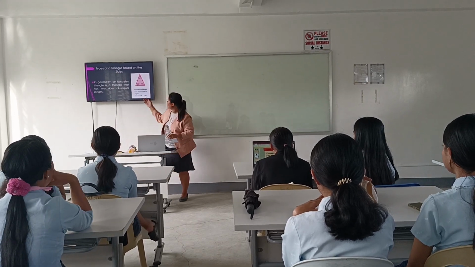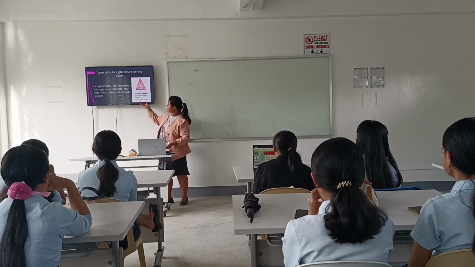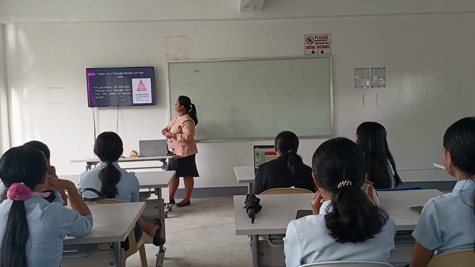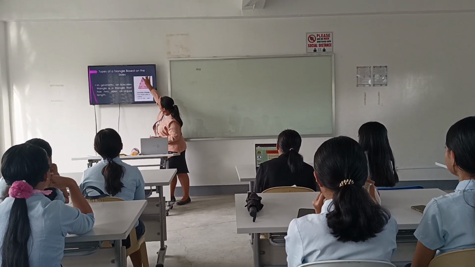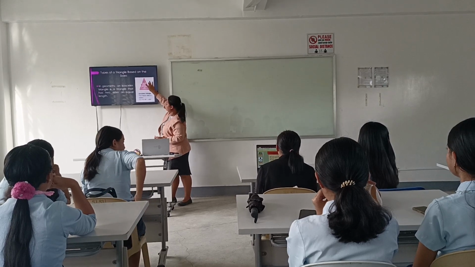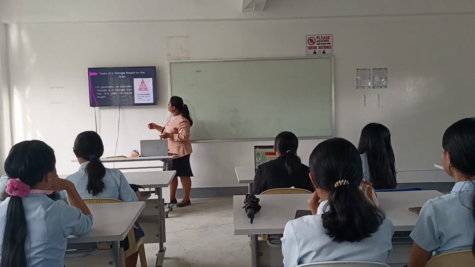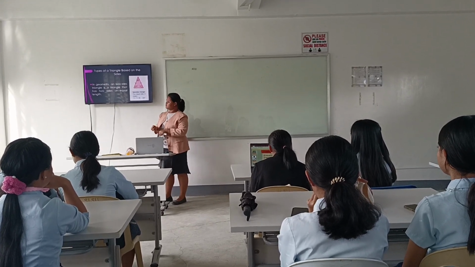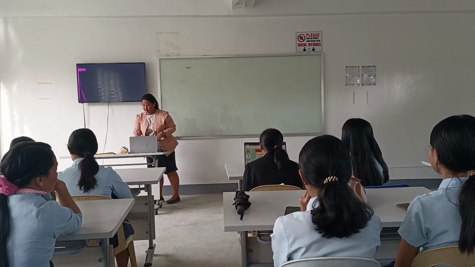Just like here in the photo, this isosceles triangle has two sides of equal length. This one. These are equal in length. And it also has two equal angles. Just like for the example.